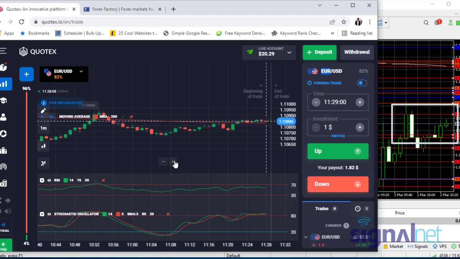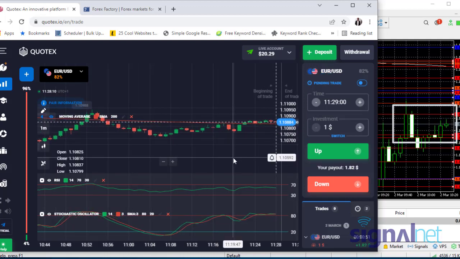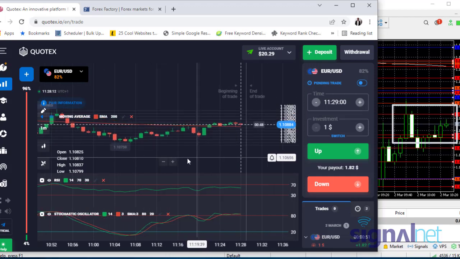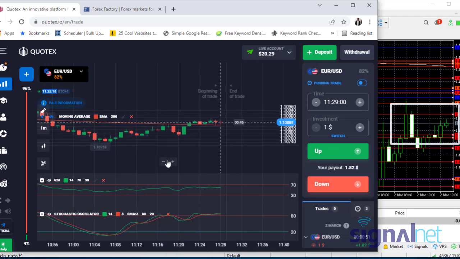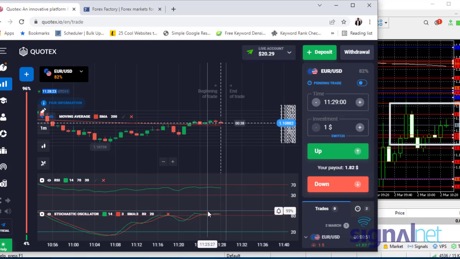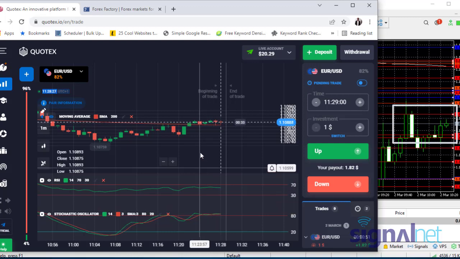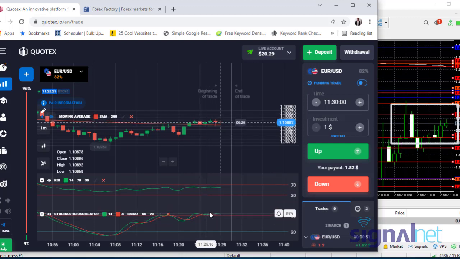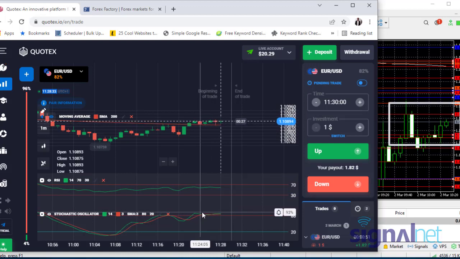So this is 11:28 now. So let's patiently keep watching. One could have even argued that somewhere around there just now one could have also sold again after the two buys because of the cross.